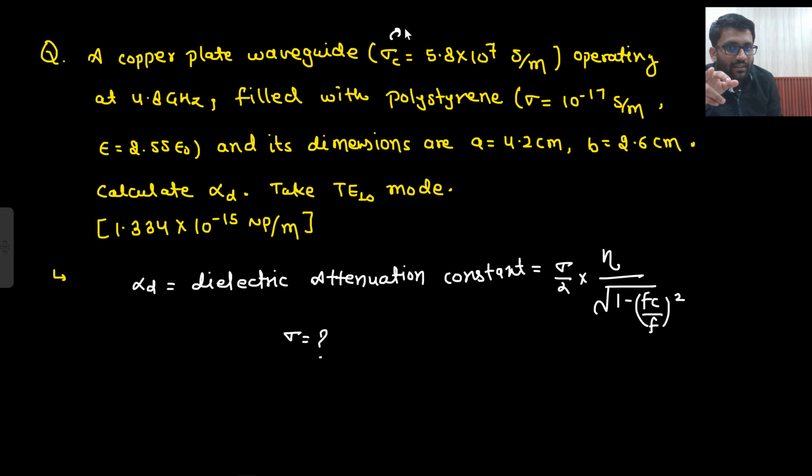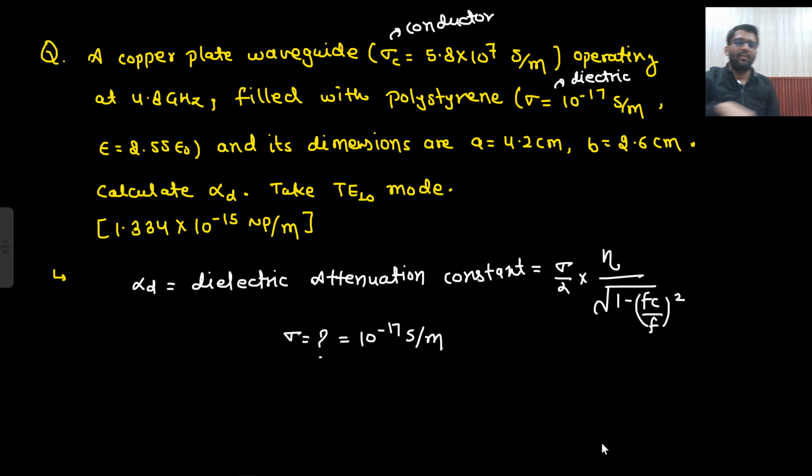This is the sigma of the conductor. You can see copper plate waveguide, so the plates are of copper, but the dielectric in between has this much conductivity. So you will use sigma 10 to the power minus 17 Siemens per meter.